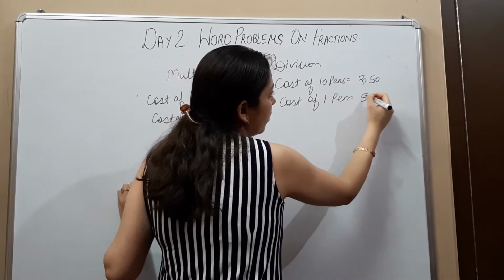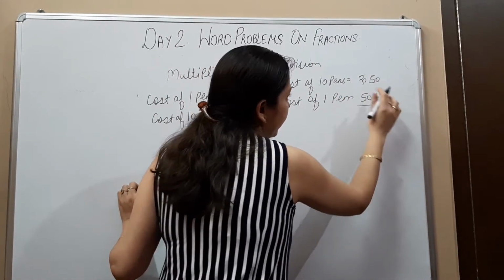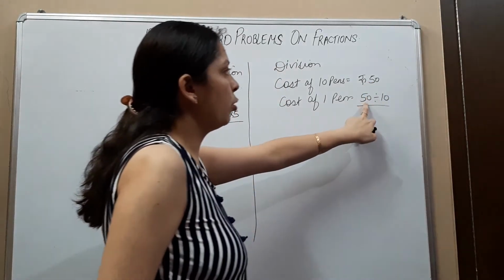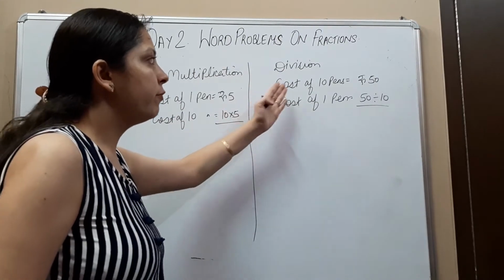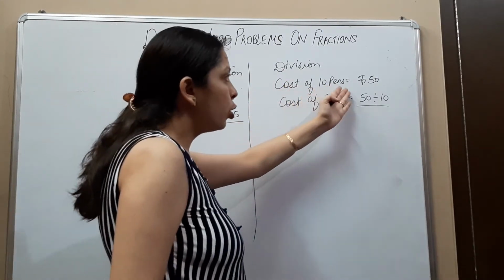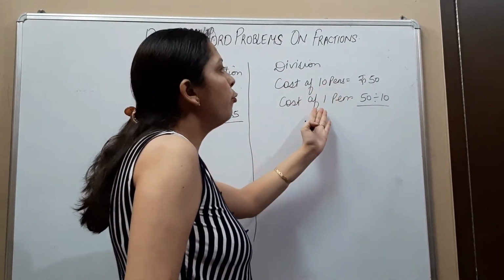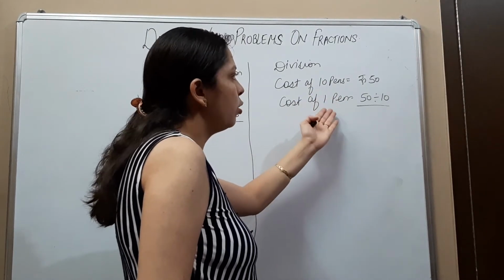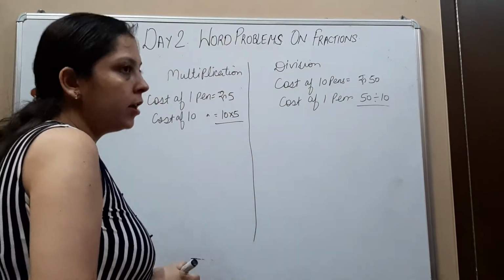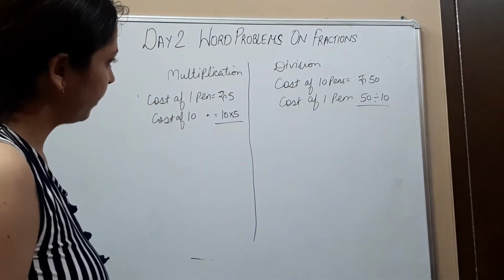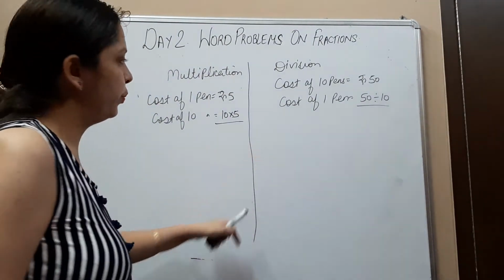How will you find it? You will divide it: cost of 10 pens in rupees divided by number of pens. When you have been given more numbers and you have to find something for fewer numbers, in that case you will divide. I hope it is clear to you.